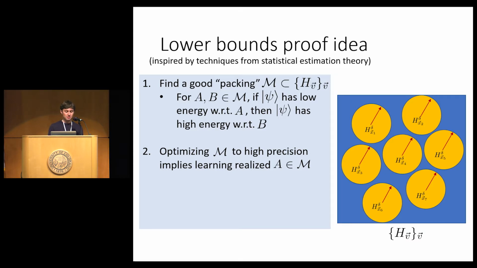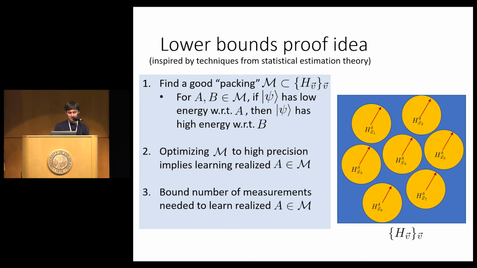But remember, this Hamiltonian is encoded in a black box. The algorithm doesn't have direct knowledge of it, so learning it is non-trivial. Then we use information theoretic methods to lower bound the number of measurements needed to learn the Hamiltonian in this set that's realized.